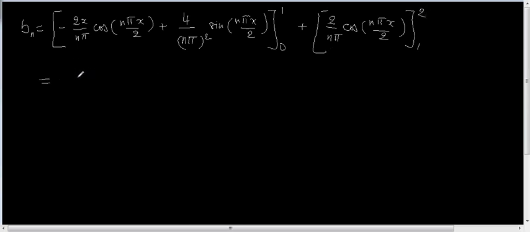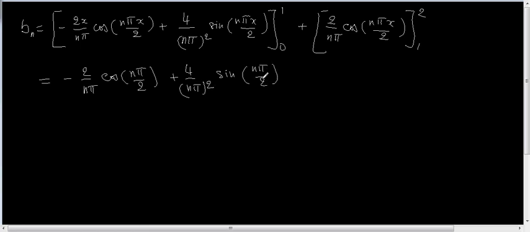So we replace x with 1: minus 2 over n pi cosine n pi over 2 plus 4 over n pi squared sine n pi over 2, minus, when x is 0, we obtain 0, and here as well, since we have sine 0, 0, plus here when x is 2, that will be 2 over n pi cosine n pi, minus when x is 1, we have 2 over n pi cosine n pi over 2.